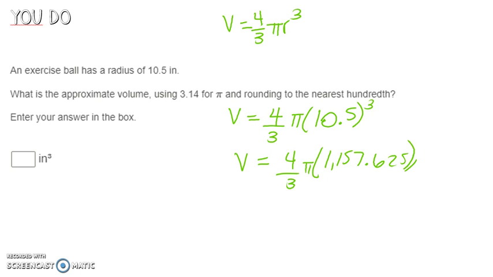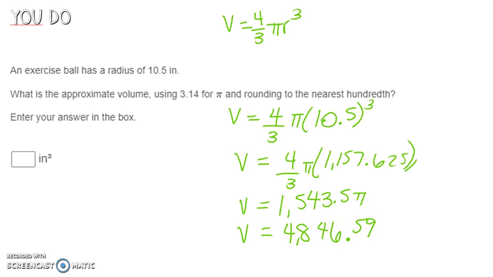We are looking to take that number and multiply it by 4/3, which will give us an exact volume of 1543.5 pi. Then we're going to multiply by 3.14, those were our instructions instead of using pi. So we will end up with 4,846.59 inches cubed.